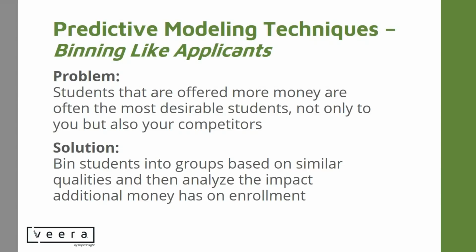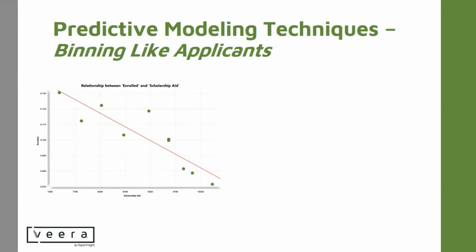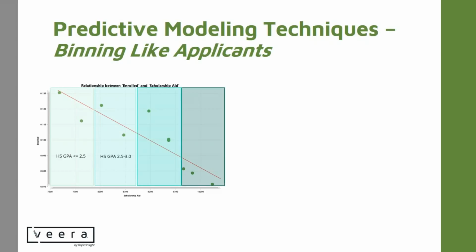One of the schools that I've worked with looked at binning students into similar groupings or bins based on different factors. That could be academic indicators like test scores or high school GPA. It could be based on their need, or a combination of all of those things. Looking back at that relationship, we see that as scholarship aid increases, we have a decrease in enrollment yield, but the underlying factor is not the scholarship aid.